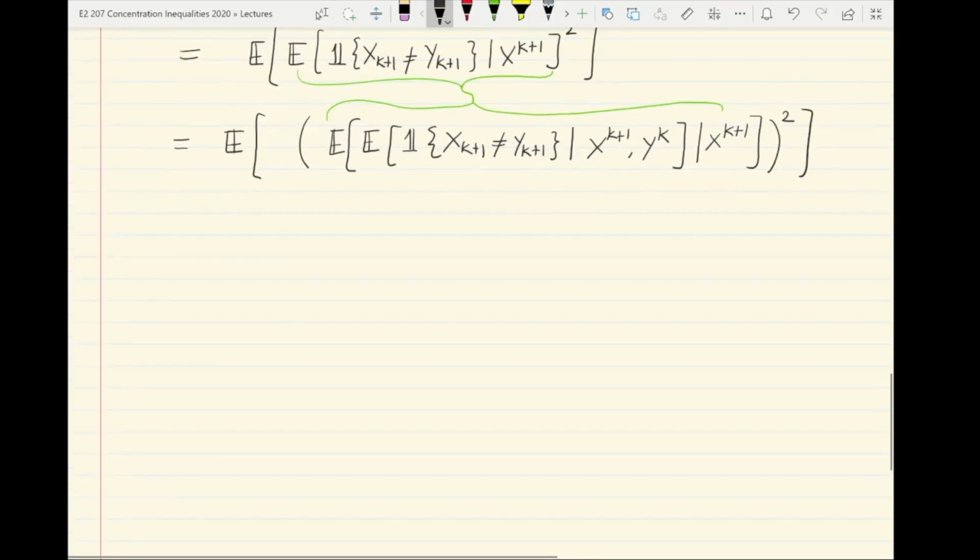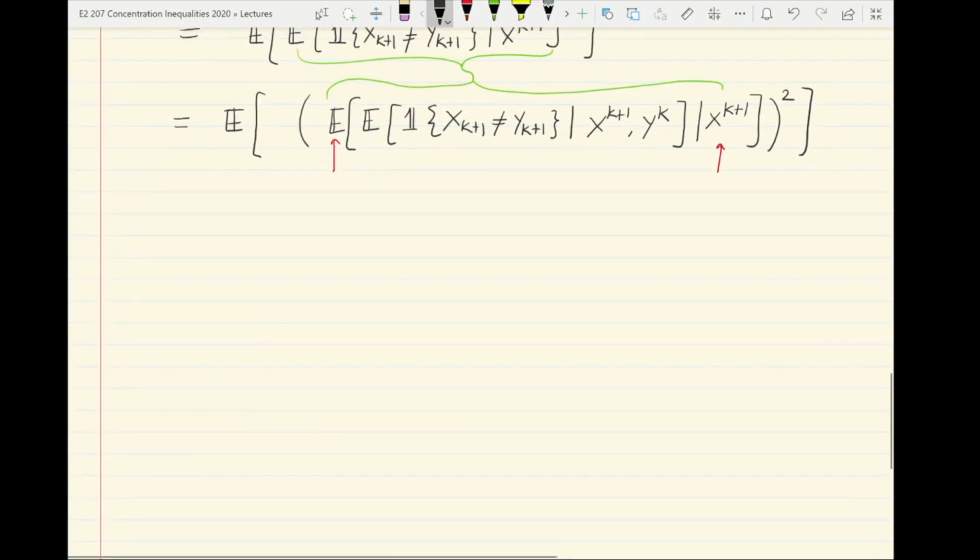now let's apply Jensen's inequality to this conditional expectation with respect to xk plus 1, which is being squared. Okay, so it's the square of an expectation, and because the square is a convex function, we can bring the conditional expectation outside the square. So less than or equal to the expected value. The outer E remains the same.